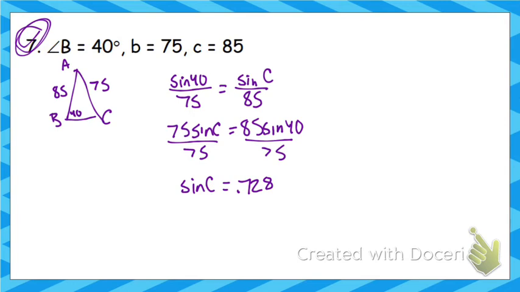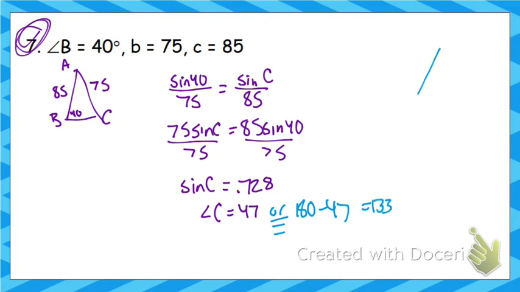So sine inverse of that previous answer. Angle C is 47 degrees. Or your second possible answer, 180 minus 47. So 180 minus 47 for my second possible answer is 133.